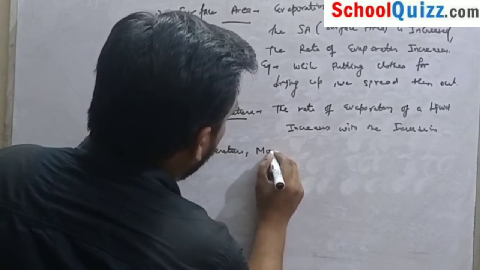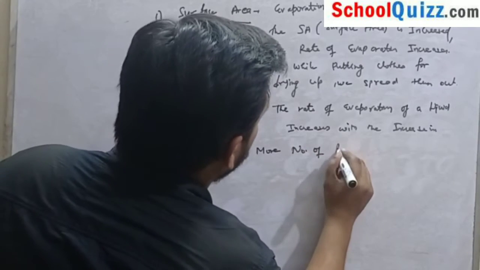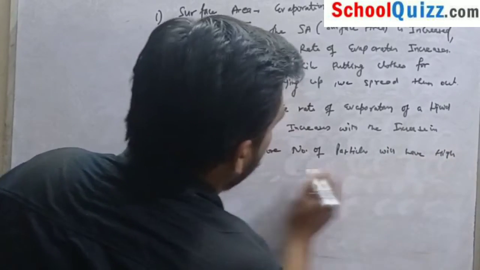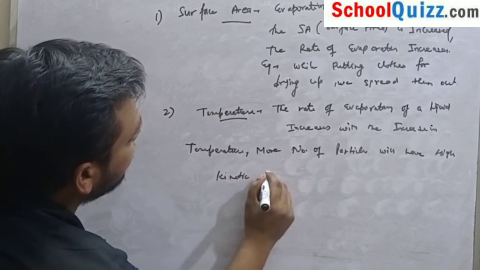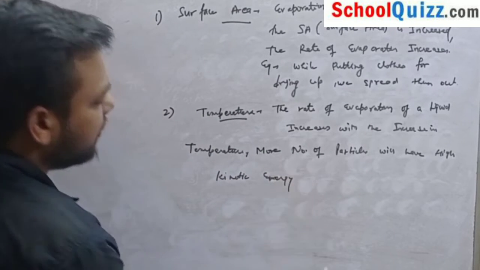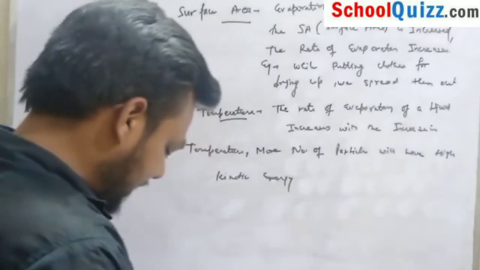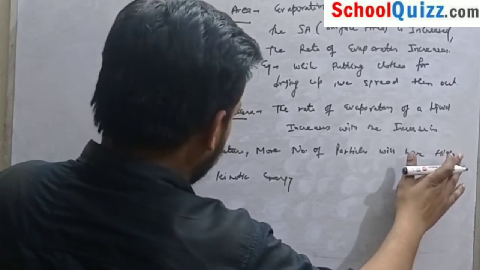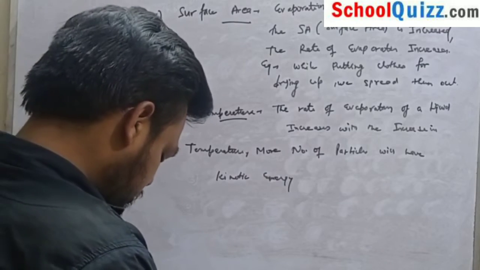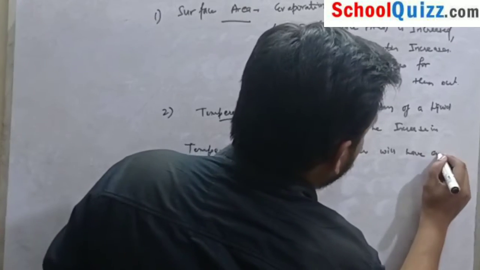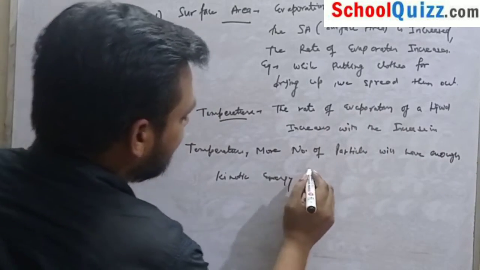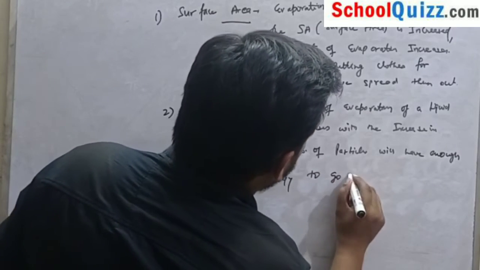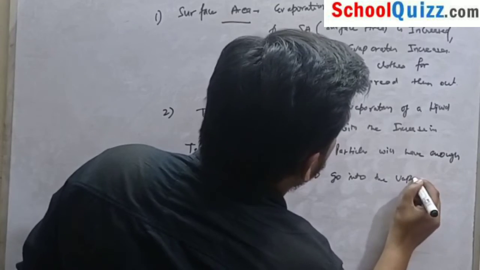So more particles will have high kinetic energy, enough energy to go into the vapor state.